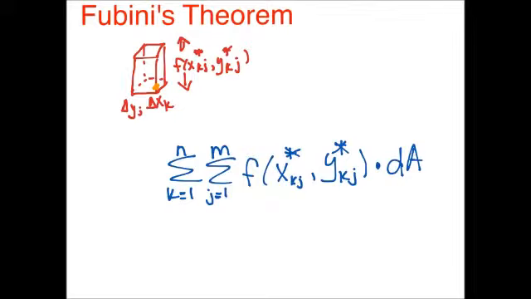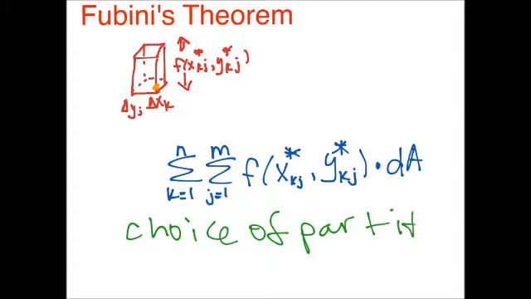An important thing to point out here is not just that n and m are approaching infinity, but that there's a choice of partition. We divide the rectangular region, this one right here and the one shown before, into these tinier and tinier pieces, and the way we do that is completely free as long as they get smaller and smaller.